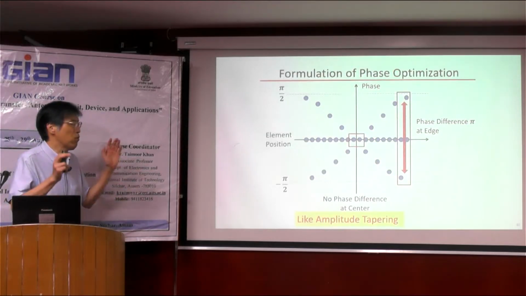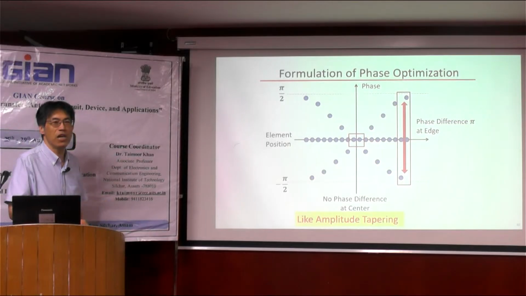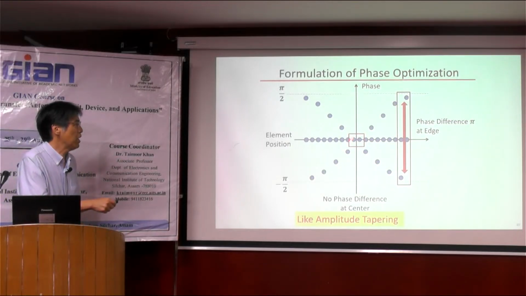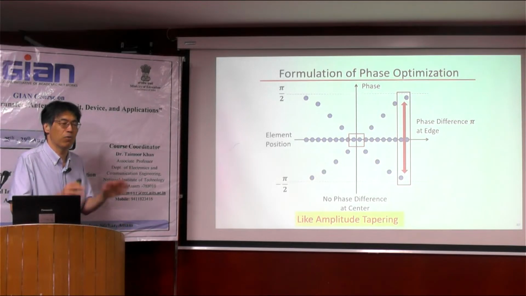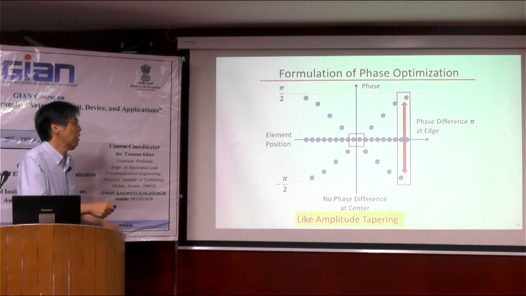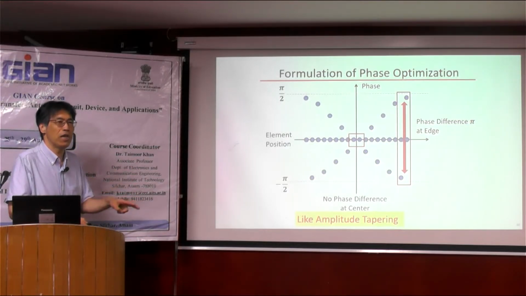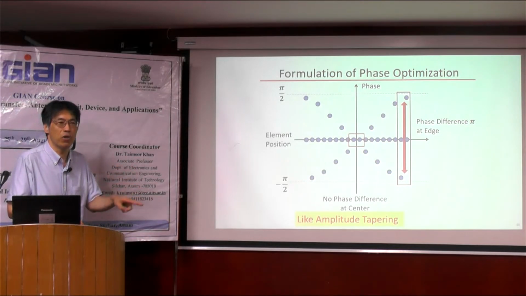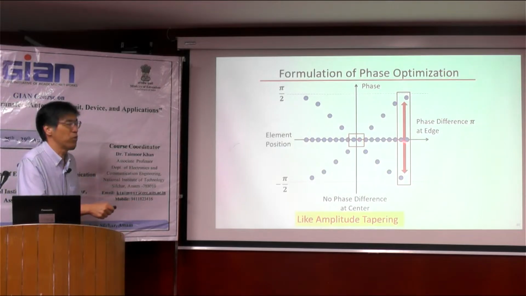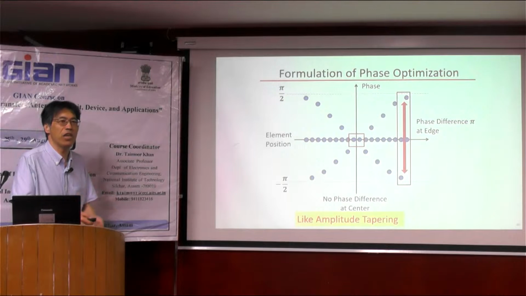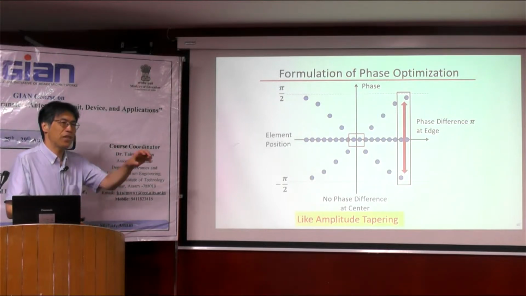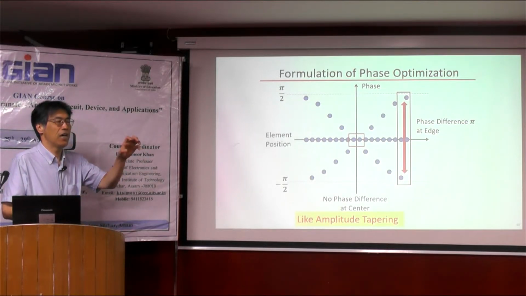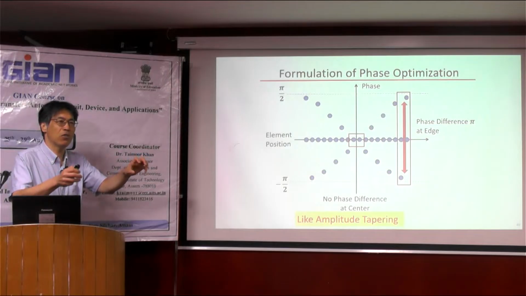So please consider two sets of each antenna. At the center, there is no difference of the phase. So it means these two antennas can be considered the same powered antenna only. But when we move to the edge, plus and minus phase is one set. It means, for example, plus 32 and minus 40.